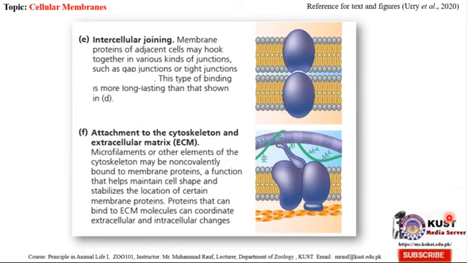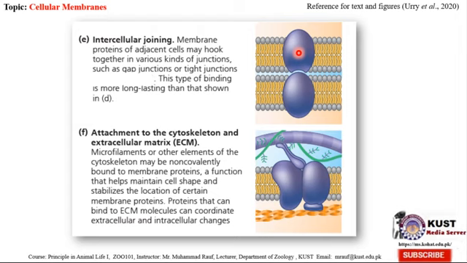Now, continuing from the previous slide, we said that the association of the glycoproteins with other receptors is temporary or short-lived, and the intracellular joining is permanent and long-lasting, and it takes place during tissue formation.